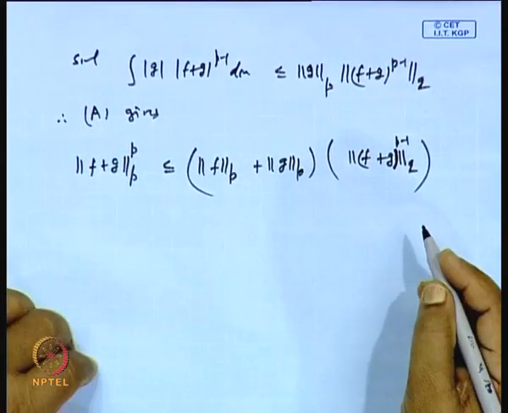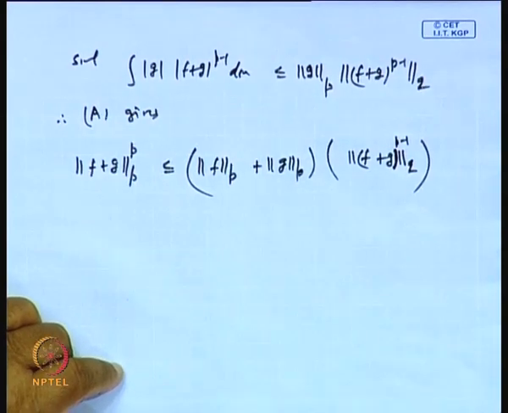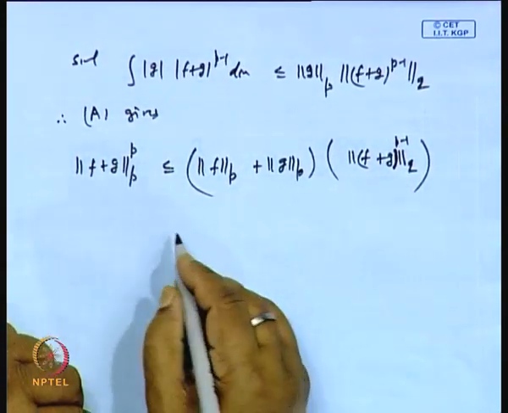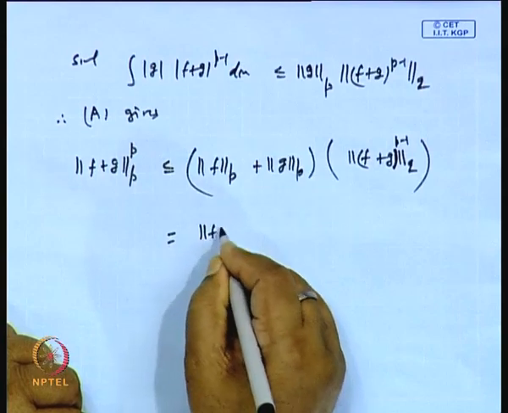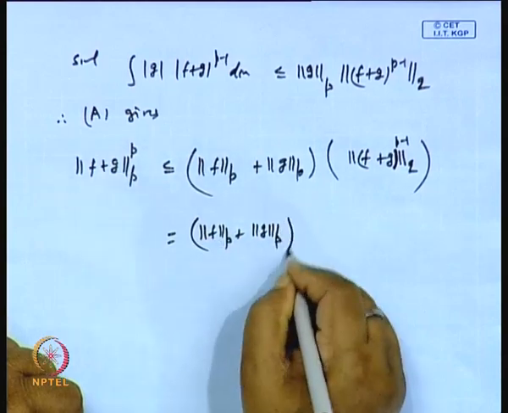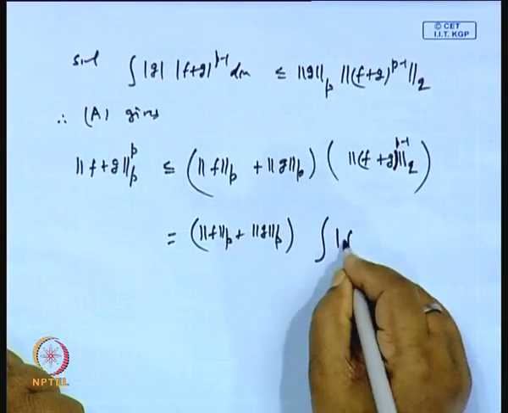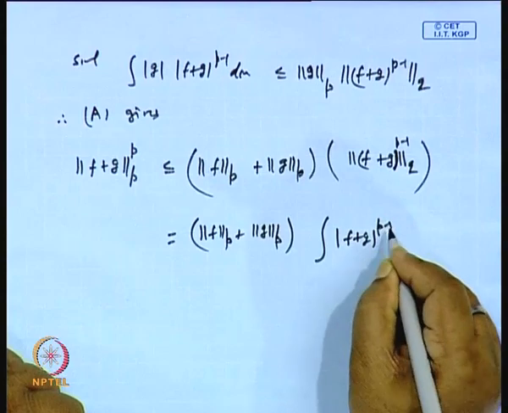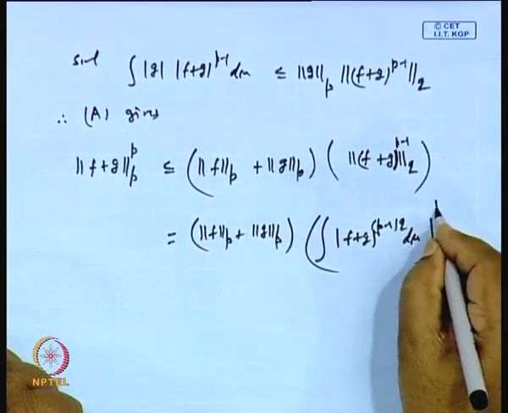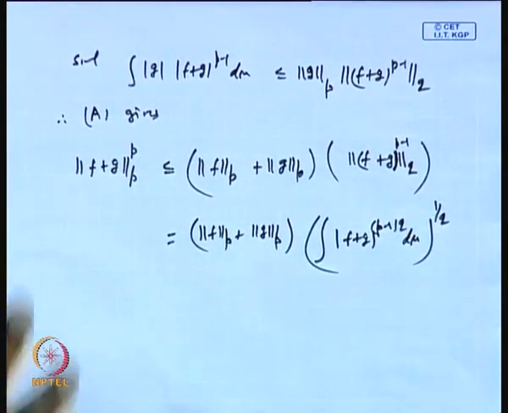Now, this will be equal to, when we take this as the power p, so here you are writing p minus 1 times q is p. Now, if I open this part, what do you get? The integral of f plus g to the power p minus 1 q d mu, and the rest to the power 1 by q, is it not?